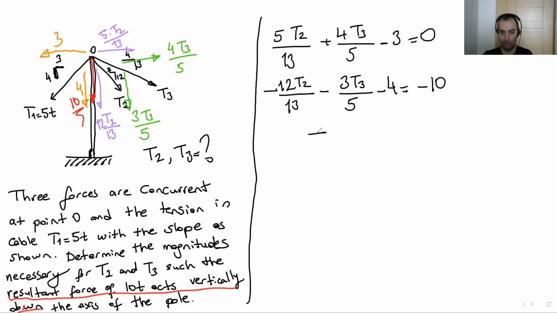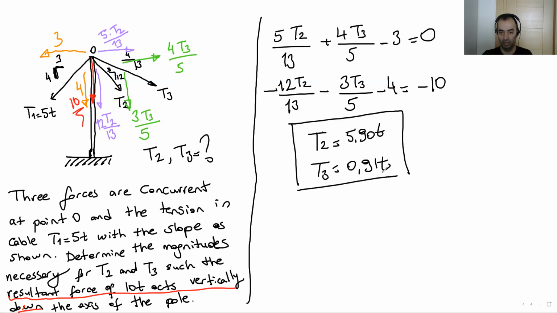So you can get T2 and T3, and this is the result. Any question for this? Any comment? Anything else?